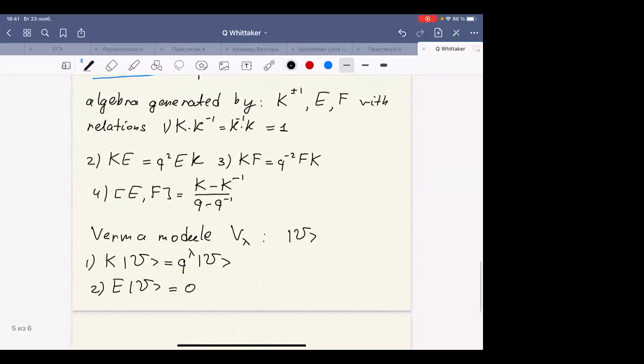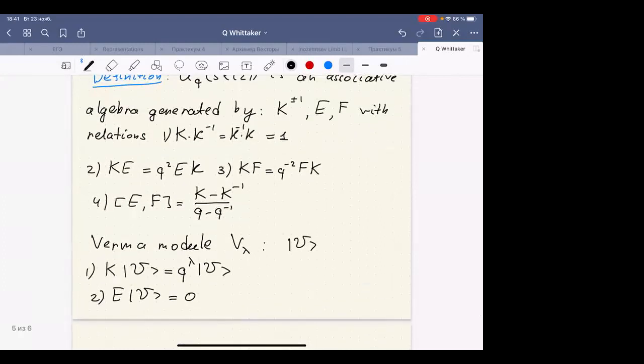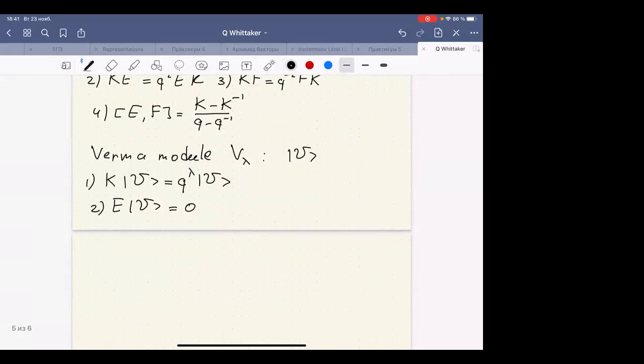Great. So then V lambda is generated by F. So the general vector in the Verma module has the form of an infinite sum.